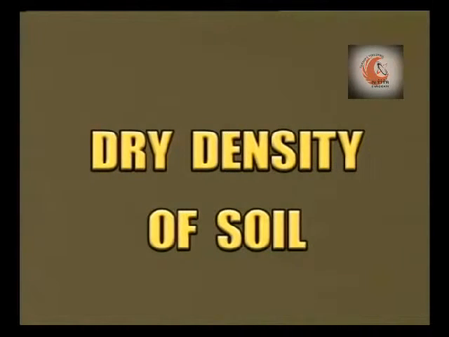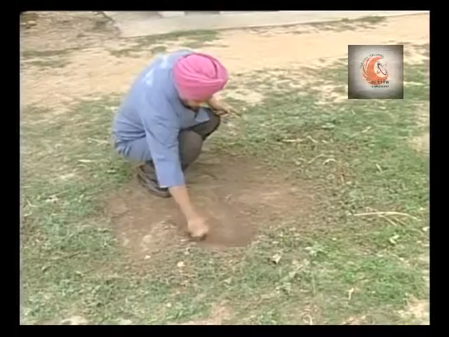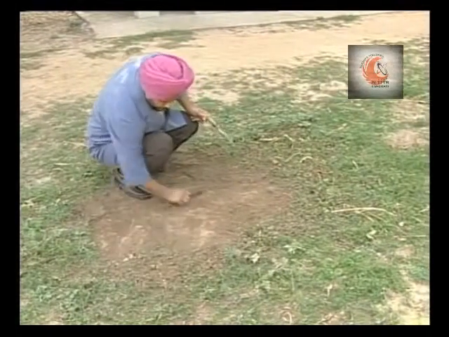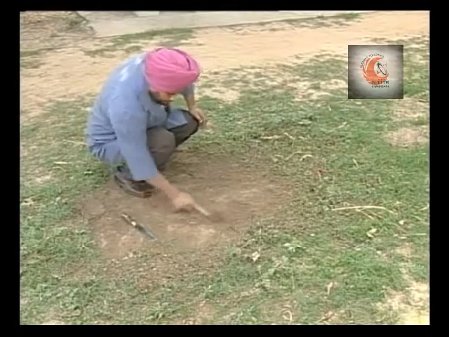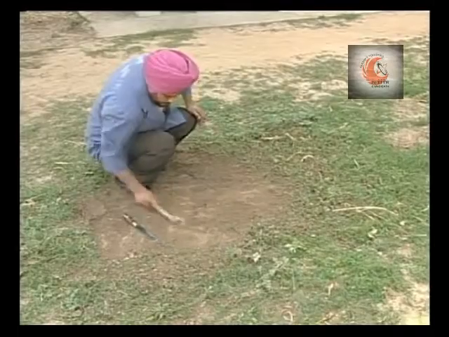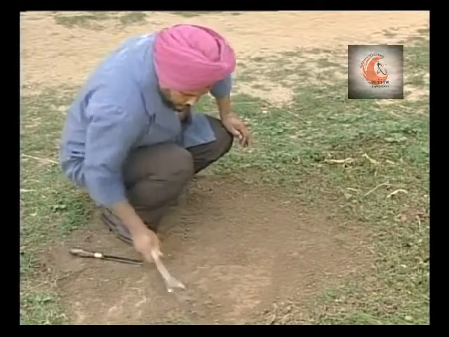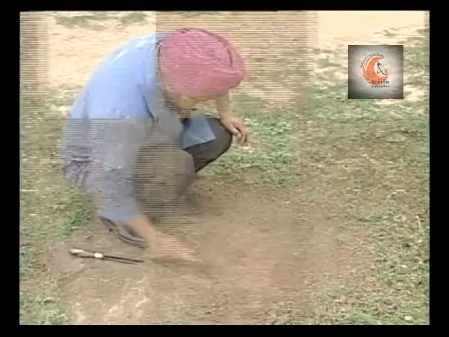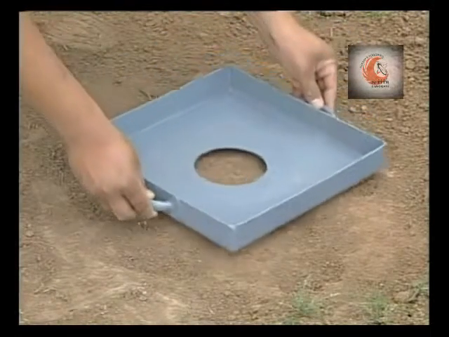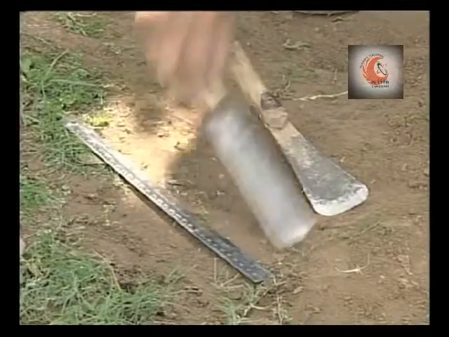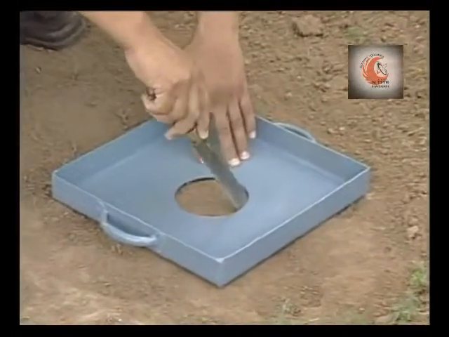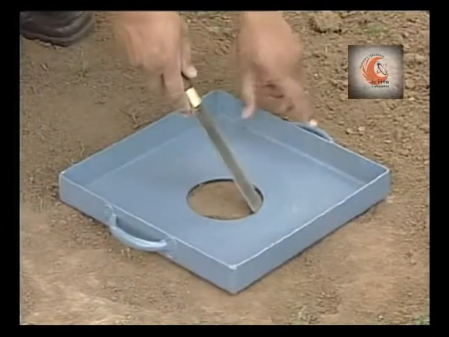Now we shall determine the dry density of the soil. Expose an area of about 450 mm square on the soil surface where test is to be performed. Trim the surface to level it using a scraper tool. Keep the metal tray with the central hole on the prepared surface. Excavate a hole in the soil using excavating tool.